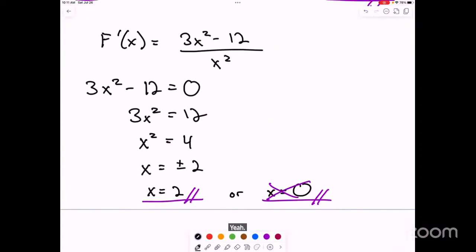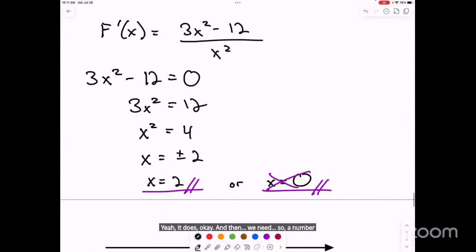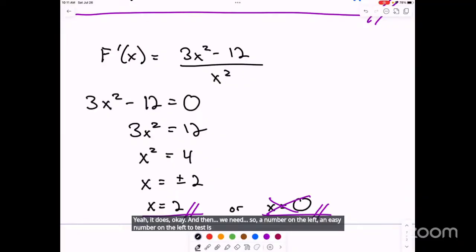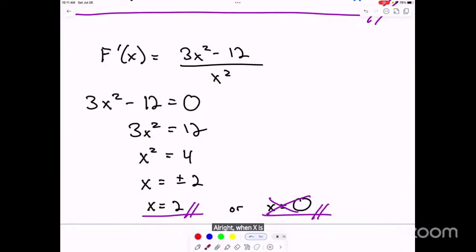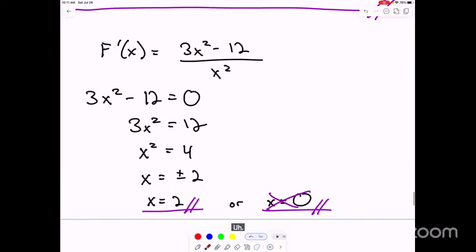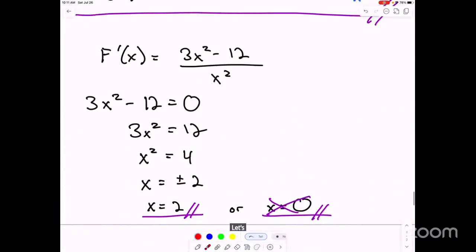Yeah, it does. And then we need a number on the left to test, an easy number like when x is 0. Well, no, we can't do that one, because it gives us a 0 in the denominator. Let's test when x is 1.